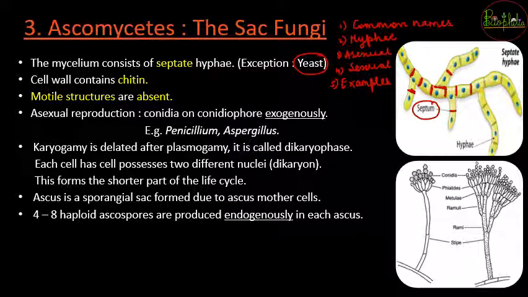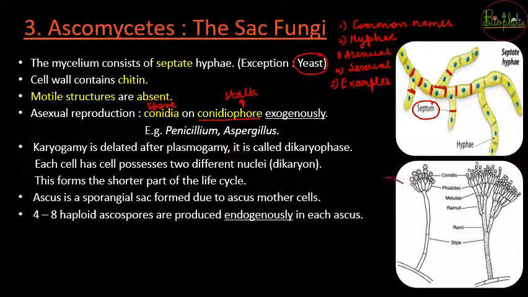Regarding asexual reproduction, there is going to be formation of conidia on the conidiospore. Conidia is again an asexual spore that you need to remember. So conidia, the asexual spores, are going to grow on the conidiospore. We have understood the meaning of spore: it is the stalk wherein some sort of organ grows. So the stalk on which conidia grow is called the conidiospore.